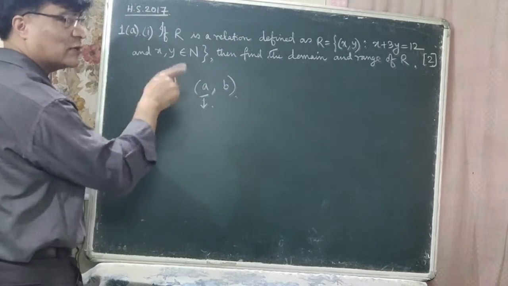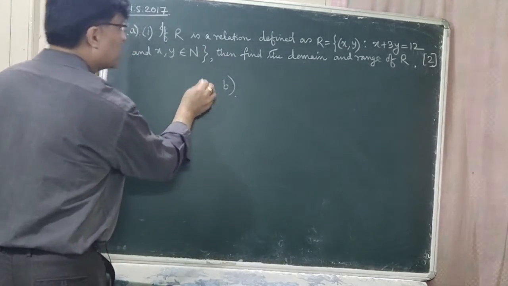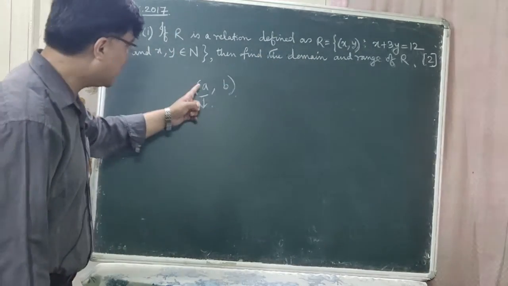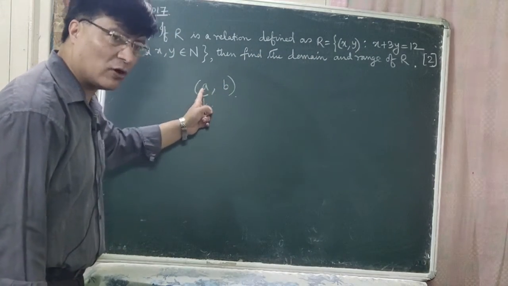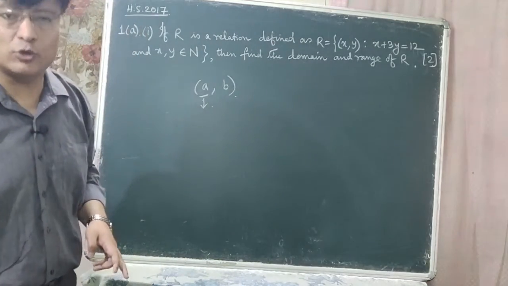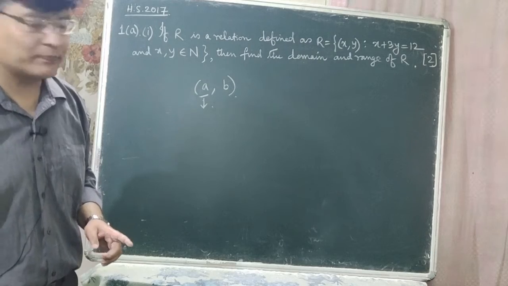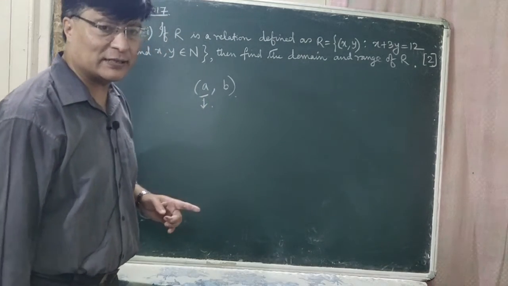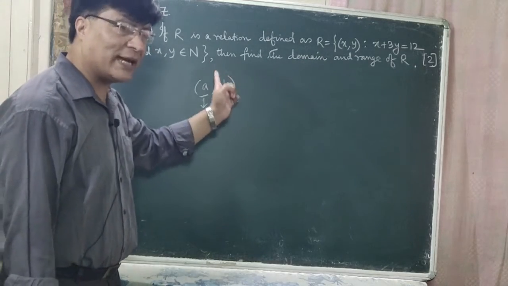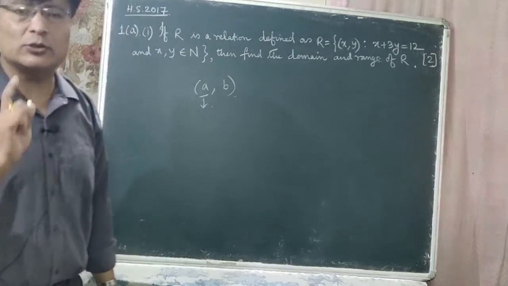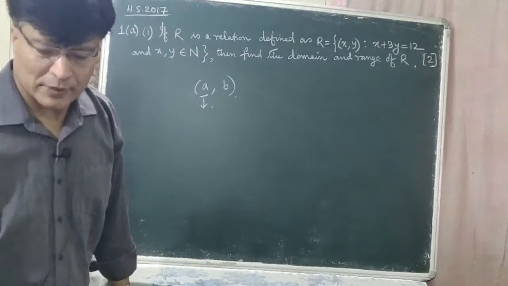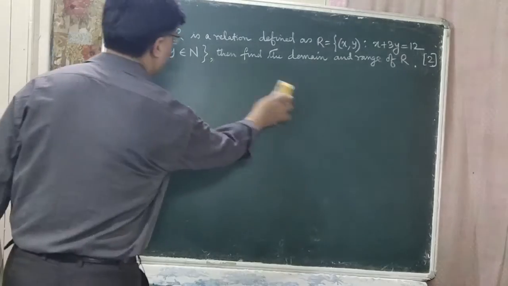The set of the first elements in the ordered pairs that belong to the relation R is known as the domain. I told you about this one also. And the set of second elements of the ordered pairs that belong to the relation R is known as the range of the relation R. Is that clear? So now let us do it.